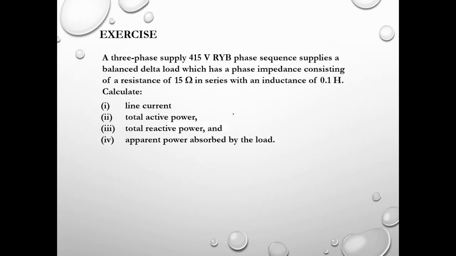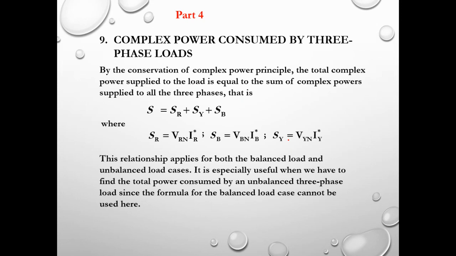The second exercise, similarly, is given a different value of resistance as well as inductance with a balanced delta load. Find the line current, the total active power, reactive power, as well as the apparent power absorbed by the load.